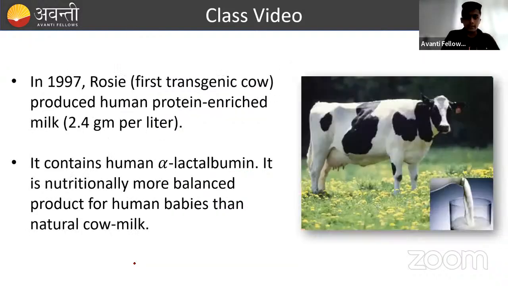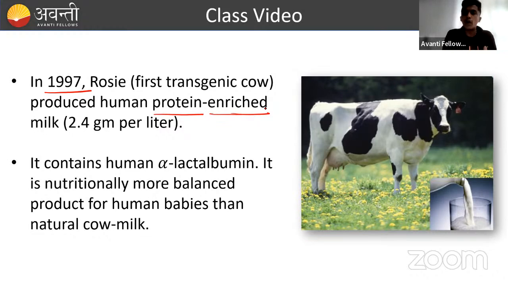Okay. Next. So we have a history here. In 1997, you have to remember this. Okay. Definitely. 1997, Rosie was the first transgenic cow. Okay. So this cow was genetically modified to produce a particular type of milk, which is very rich in protein. We have a subject actually, when it comes to this, we call it biofortification.